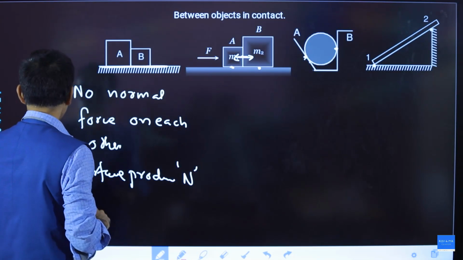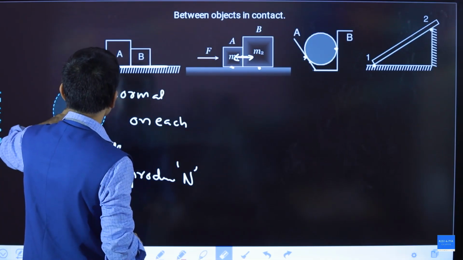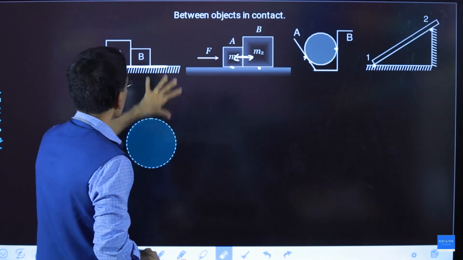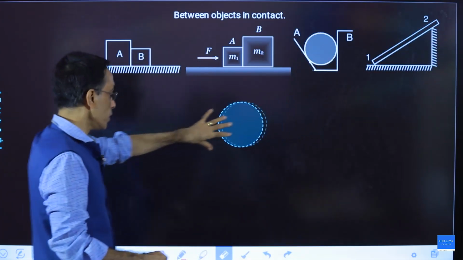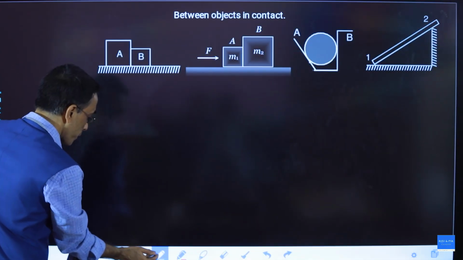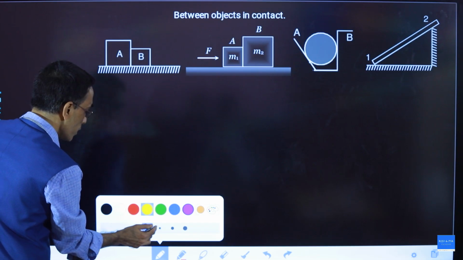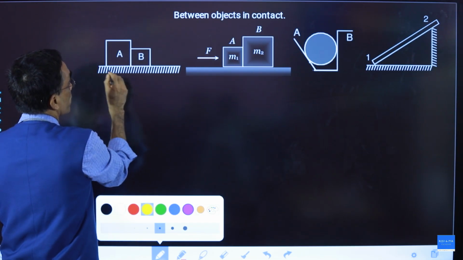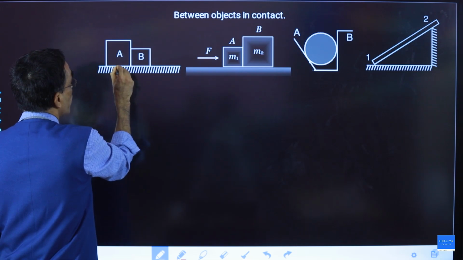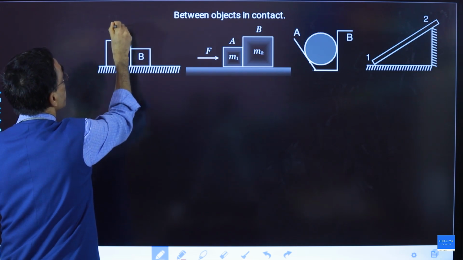It is important to know how to mark the direction of this normal reaction. Careful. In all these cases, how am I going to mark the normal reaction? There is no normal reaction in between them, but from the surface on A, there will be a force acting in the upward direction.